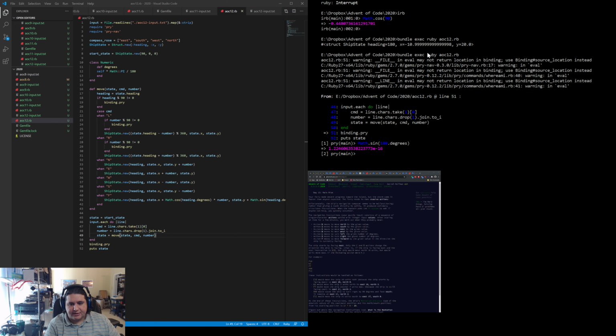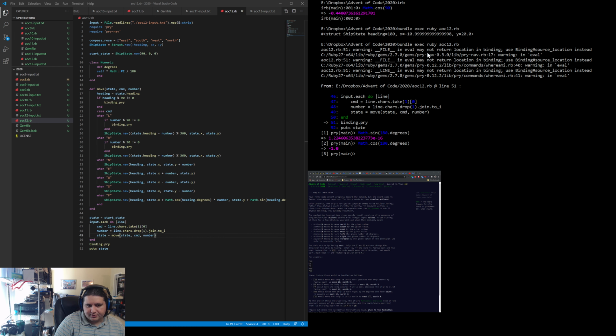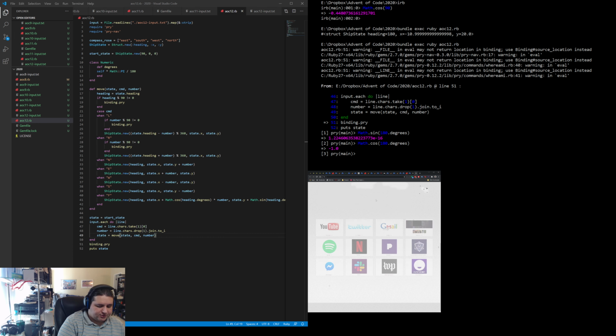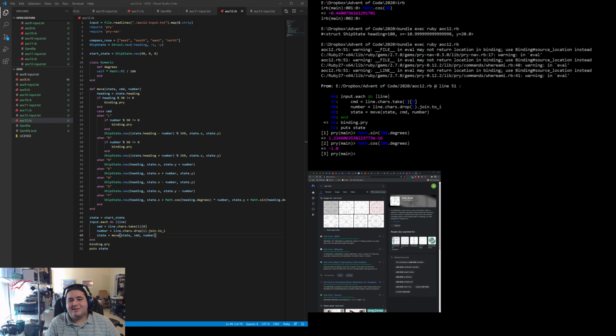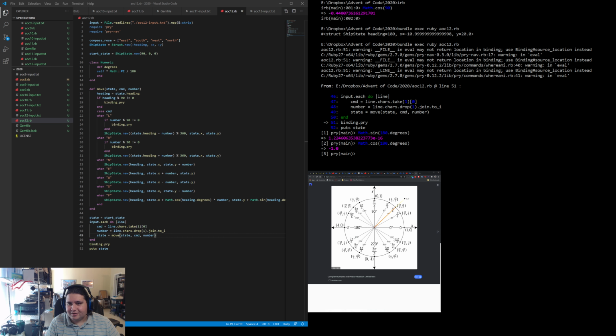The e negative 16 is scientific notation for 0. But if I'm at 180, that's negative 1. Oh, where's the unit circle? It's been far too long since I've done trigonometry, I guess.